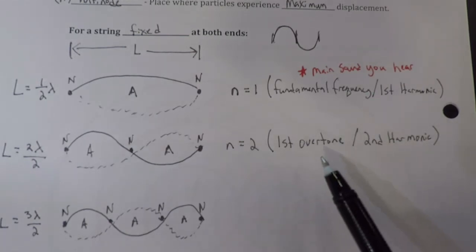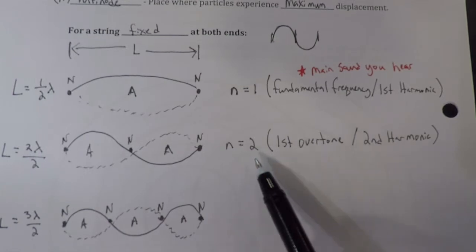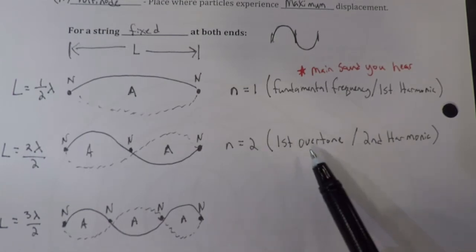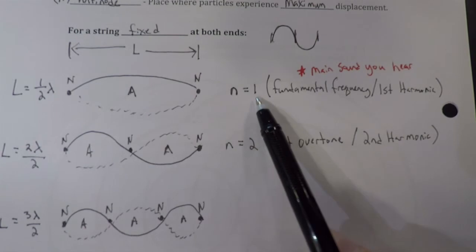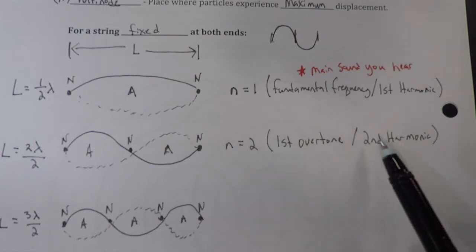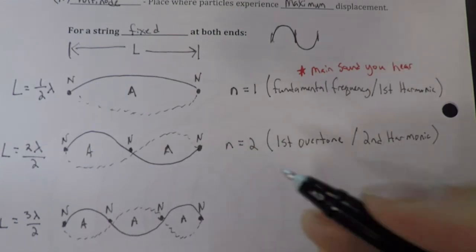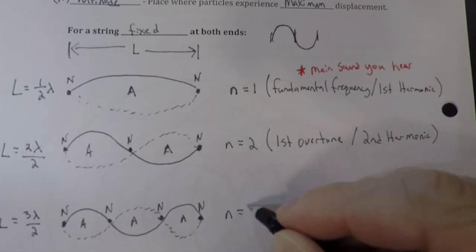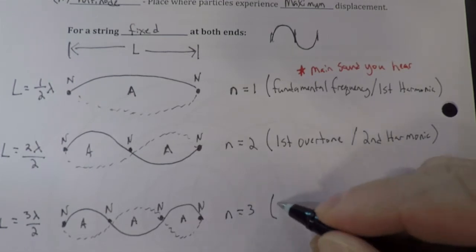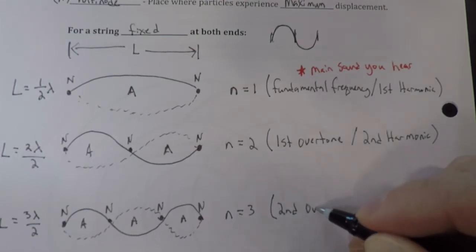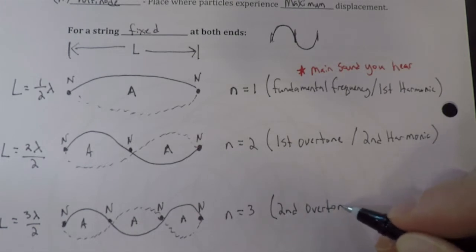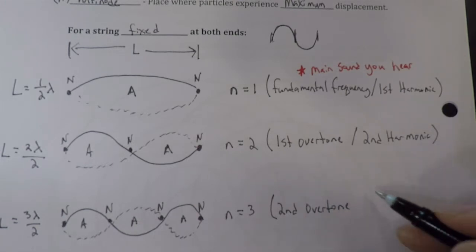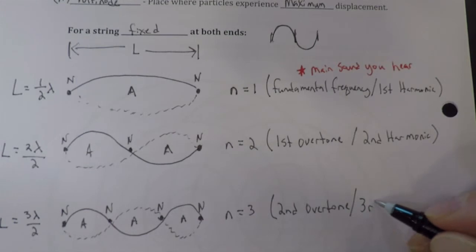So I usually avoid using the word overtone. It's confusing to remember that n equals 2 is the first overtone. I like using harmonic. So n equals 1 is the first, n equals 2 is the second, just keeping me from getting confused. Okay, so the last one here we got n equals 3. This is going to be my second overtone, the second one above or over the fundamental, or as I prefer to call it, the third harmonic.